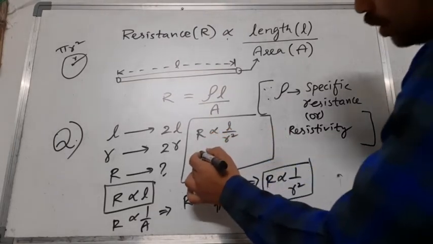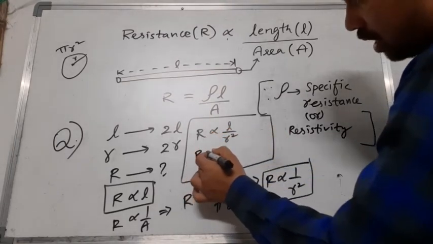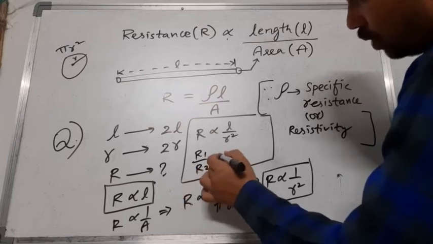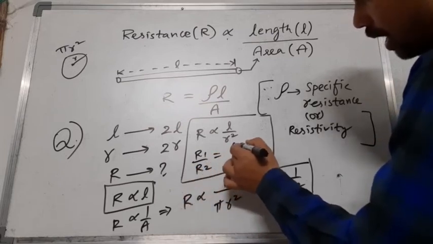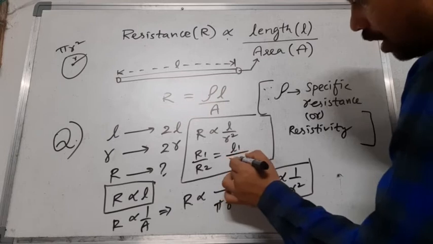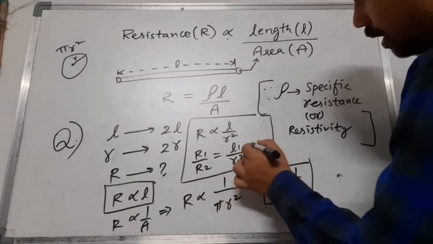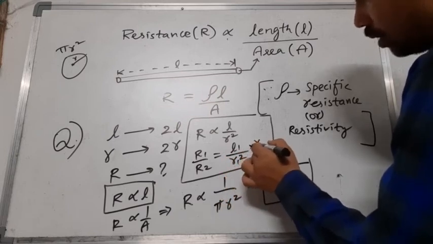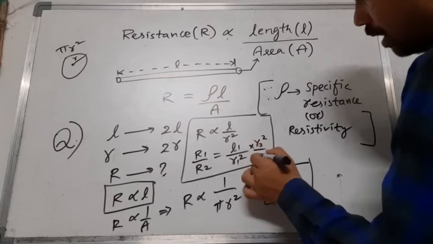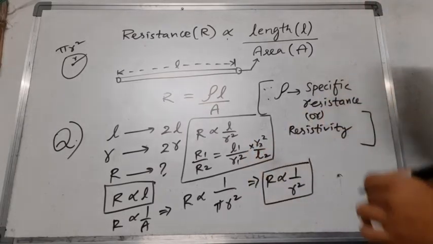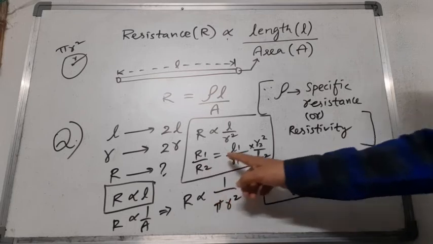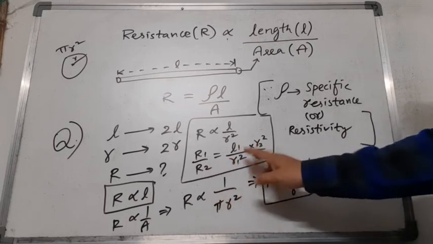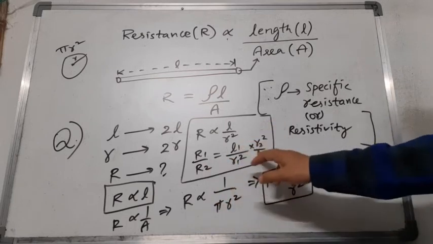If I take two resistances, that is R1 by R2, then it will become L1 by r1 square, whole divided by L2 by r2 square.